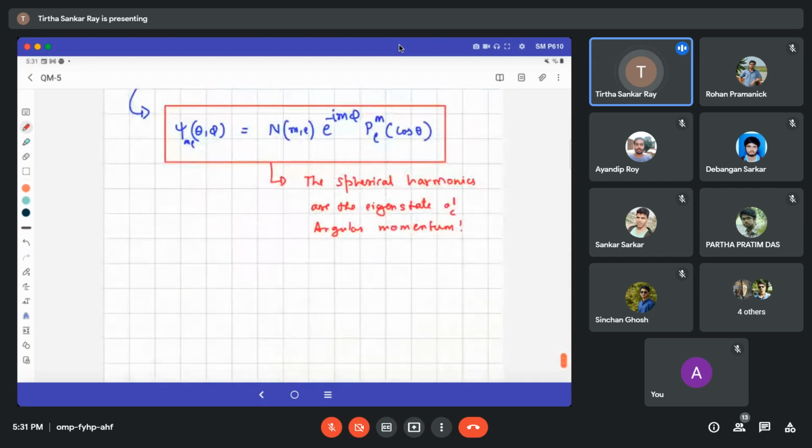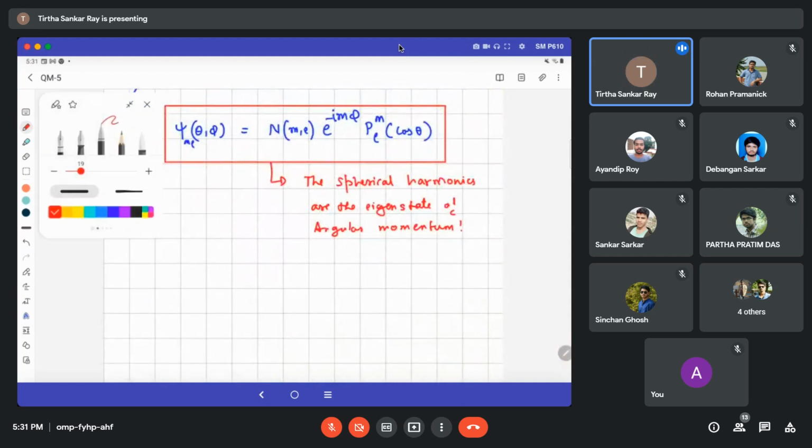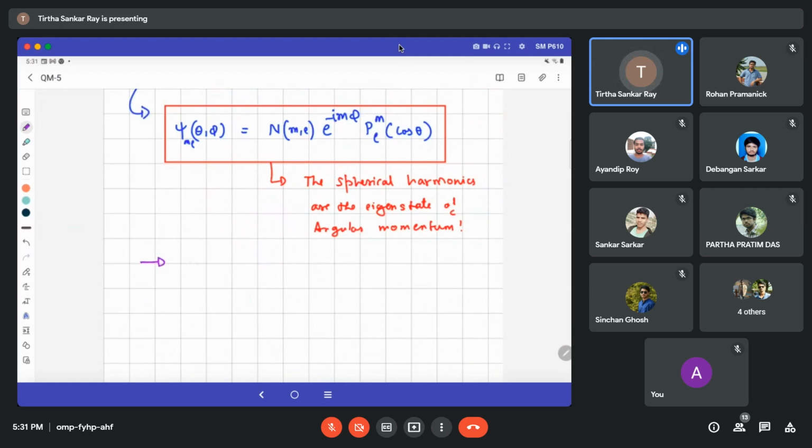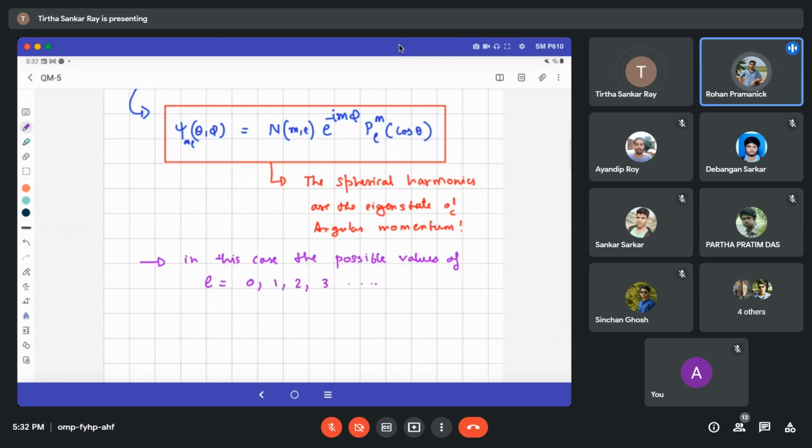In this scenario, the possible values of L are 0, 1, 2, 3, and so on. Rohan, did you discuss this? Yes, sir. It starts from 0 and goes through positive integers.